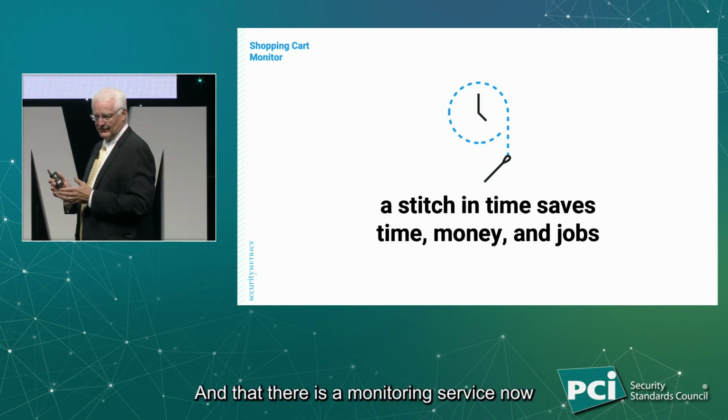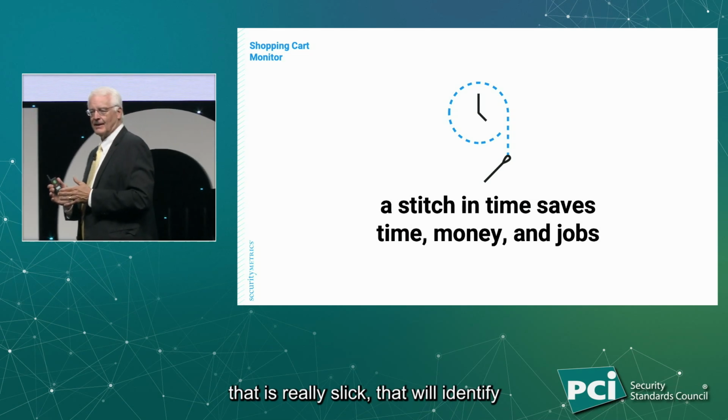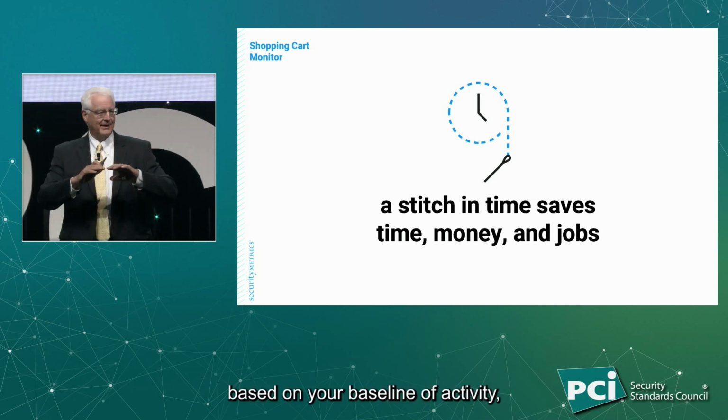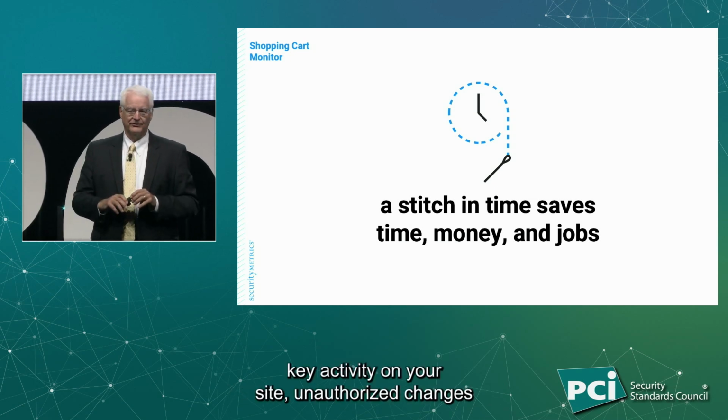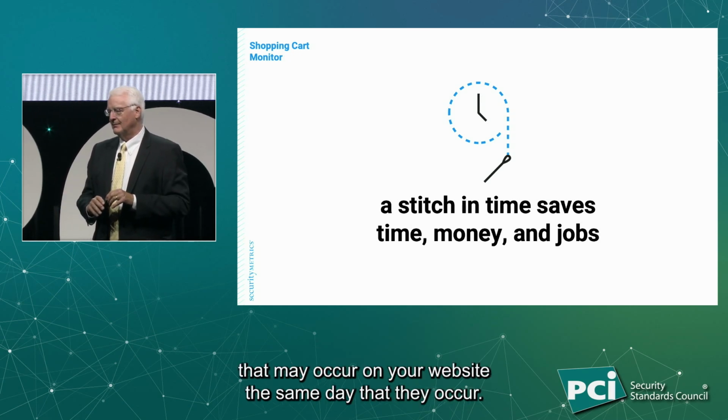And that there is a monitoring service now that is really slick that will identify, based on your baseline of key activity on your site, unauthorized changes that may occur on your website the same day that they occur.